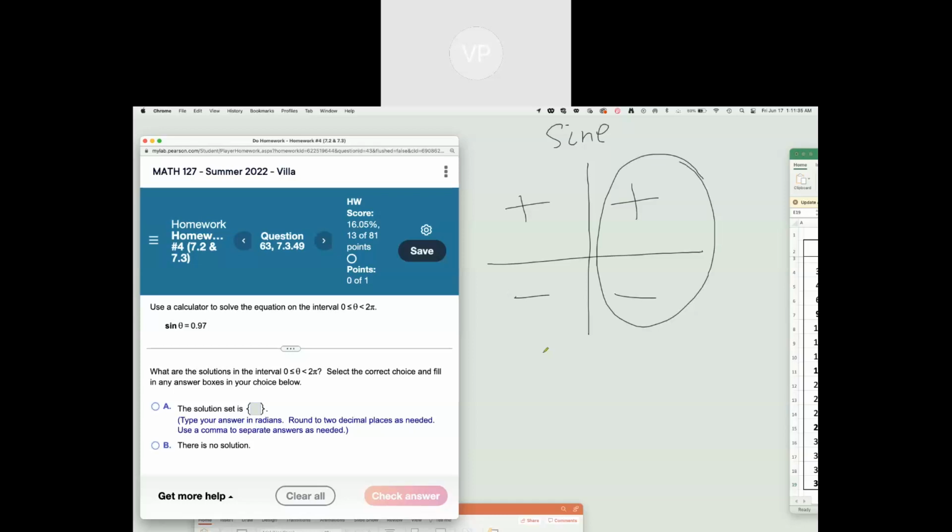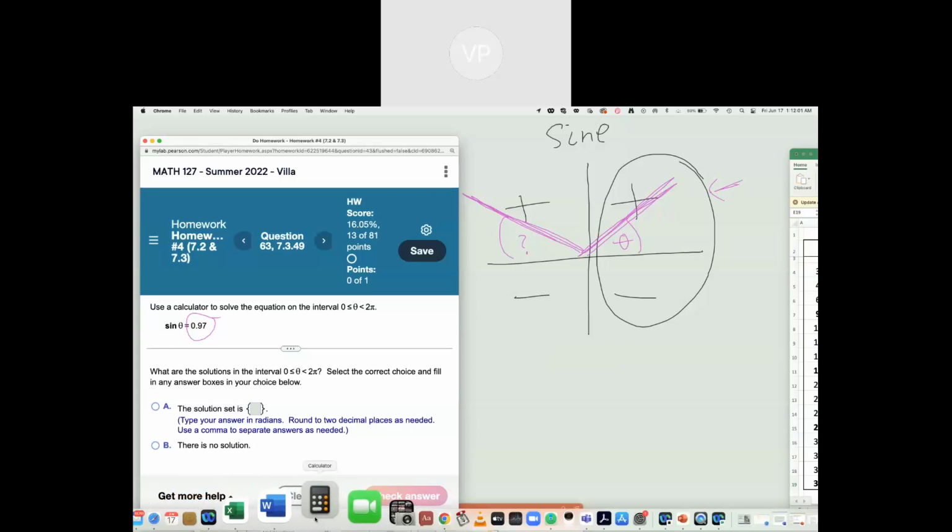When you plug into a calculator, it's going to give you a solution there. So the focus on this one is, we want to know where sine is 0.97. That's a positive. There's going to be one right here, some theta, but there's also going to be one over here that's also going to be a solution. The problem is your calculator is just going to give you the one there in the first quadrant.